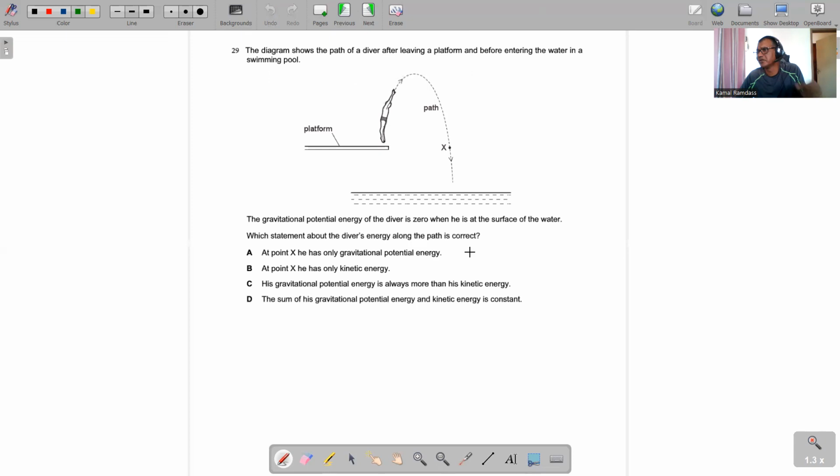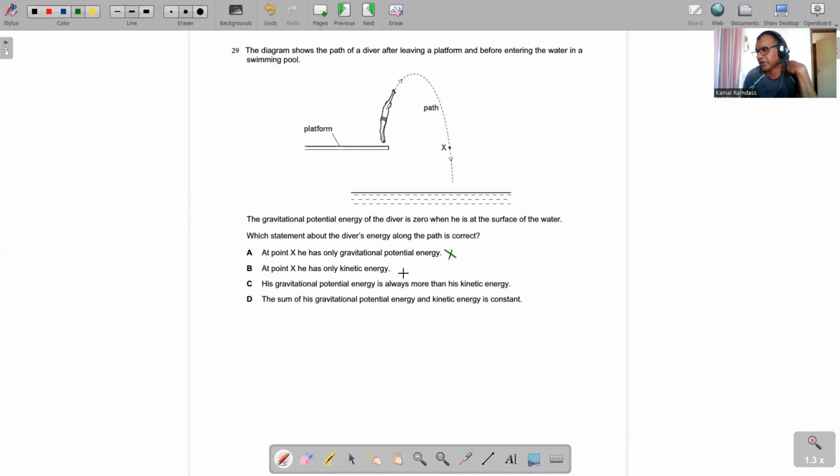The diagram shows the path of a diver after leaving the platform and before entering the water in the swimming pool. The gravitational potential energy of the diver is zero when he is at the surface of the water. Which statement about the diver's energy along the path is correct? At point X, he has only gravitational potential energy. No. Il peut bouger.